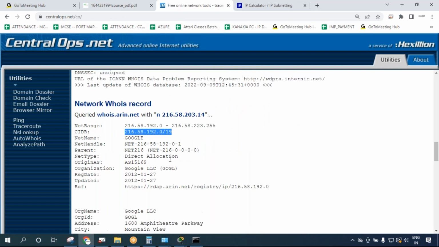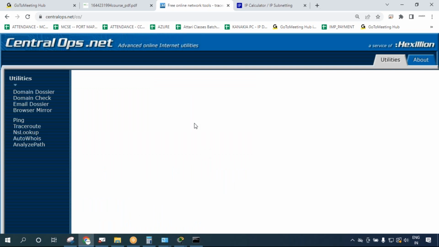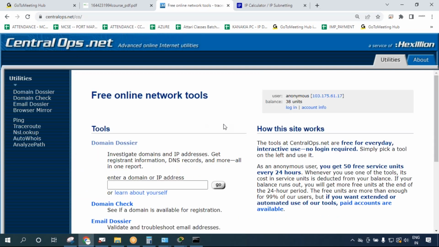So my dear friends, if I type here 6.6.6.6, who has taken this IP? We are at the ending of the session.